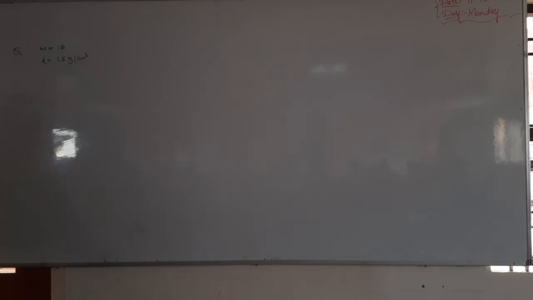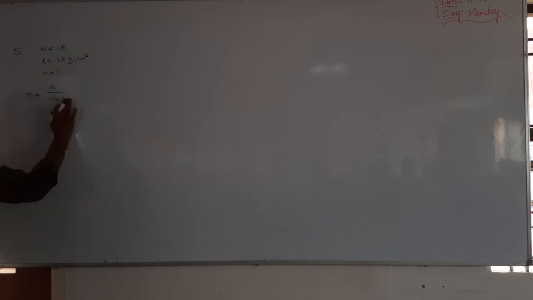Then what do we have to calculate? Molality. To calculate molality we have a formula: molality is equal to the number of moles of solute divided by the weight of the solvent in kg, or if you take in grams, into 1000.